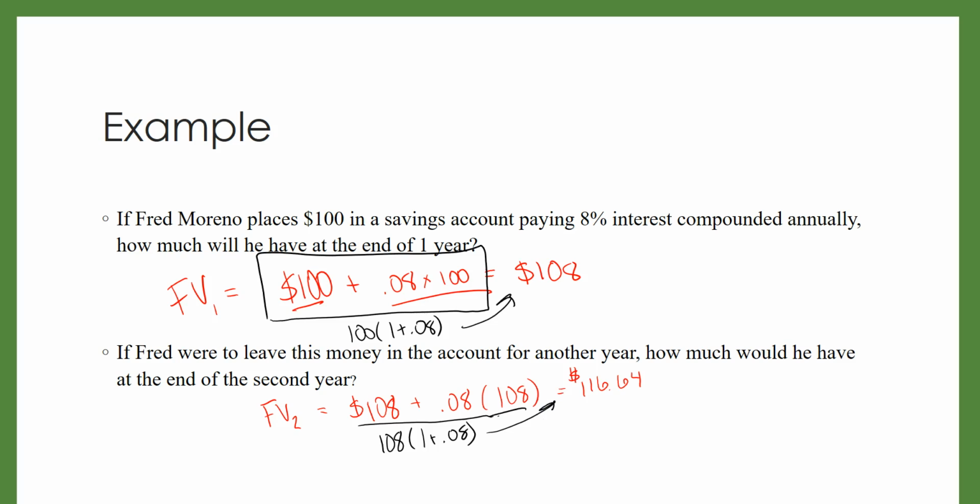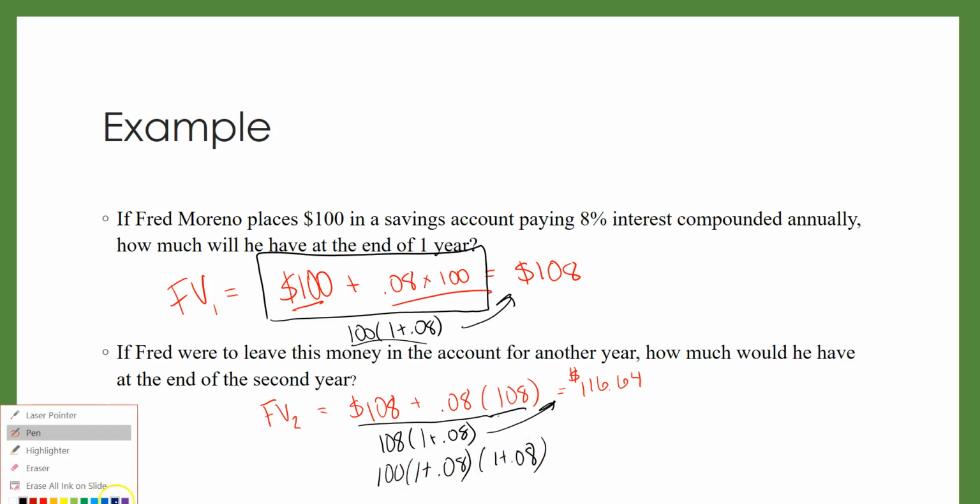But when we look at this, we see that 108 is actually equal to 100 times 1 plus 8%. So let's substitute that in for our 108 in the bottom calculation. All I did here was substitute in this 100 times 1 plus 8% for this 108, because they're equal to one another.